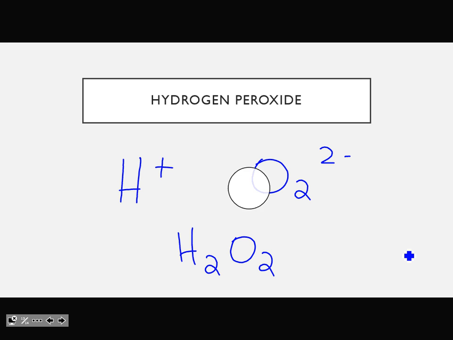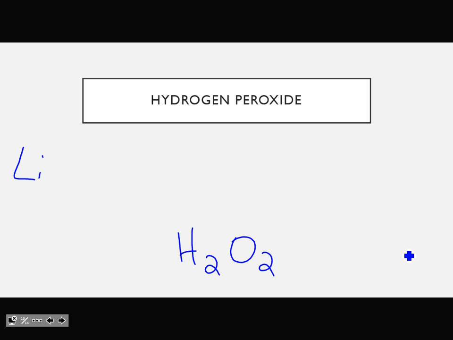Now, the most common times that you're going to see a peroxide, they're going to be alkali metals with the peroxide. So I'll see an Li2O2. I've seen an Na2O2. Those and hydrogen are the most common peroxides that I see. So if you see that alkali metal with the O2 where you think, hey, I probably should reduce that, well, wait a second.